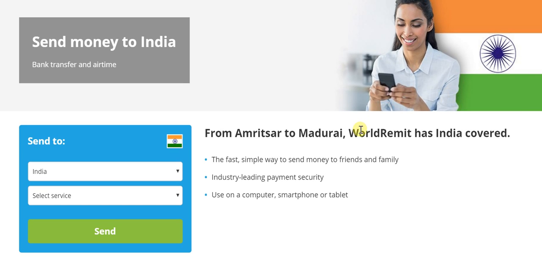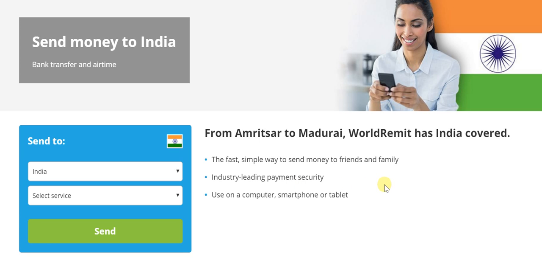And when it comes to India, WorldRemit clearly has the whole of the country very well covered from Amritsar to Madurai, which means from right up north to right down south. Whole of India, vast country, WorldRemit has it entirely covered. And it well and truly is the fastest, simplest way to send money to friends and family back home. And with industry leading payment security, because this is quintessential.